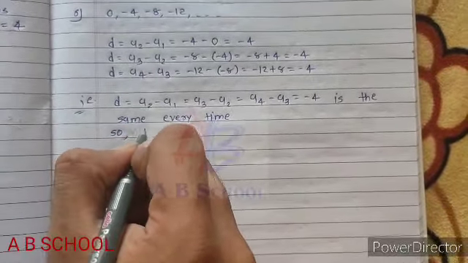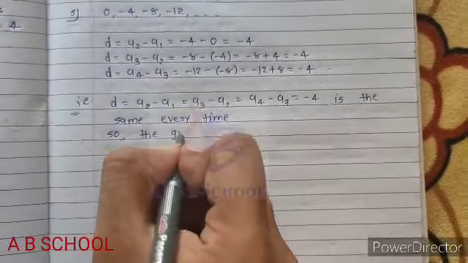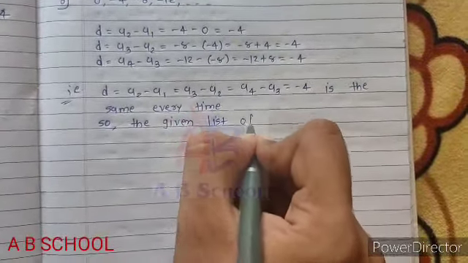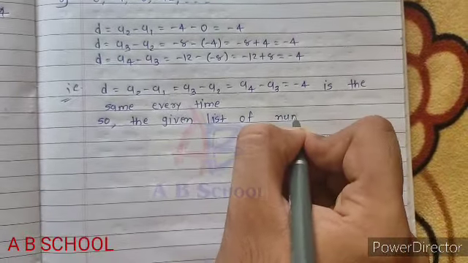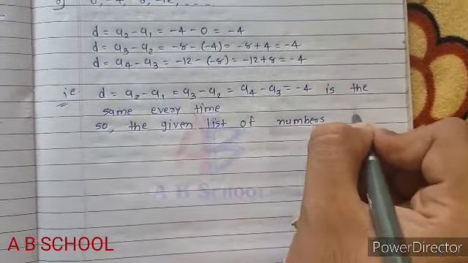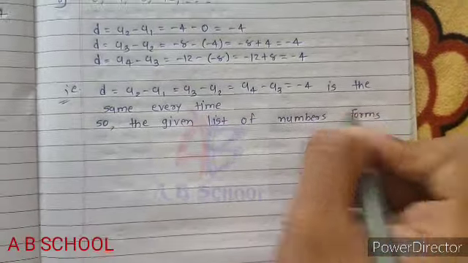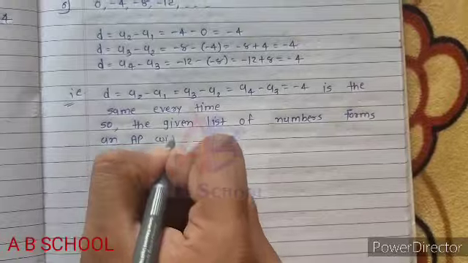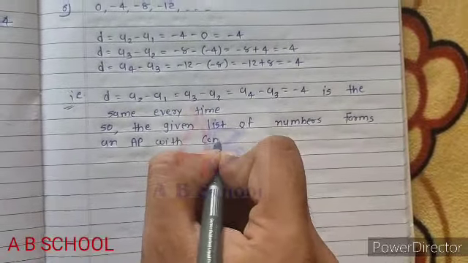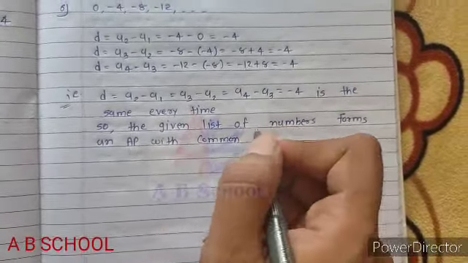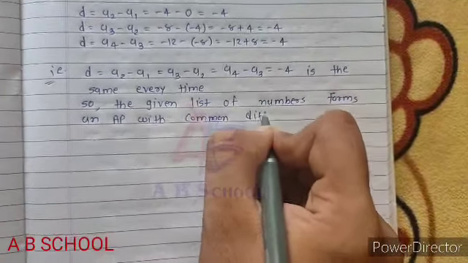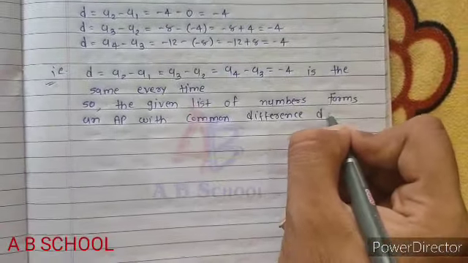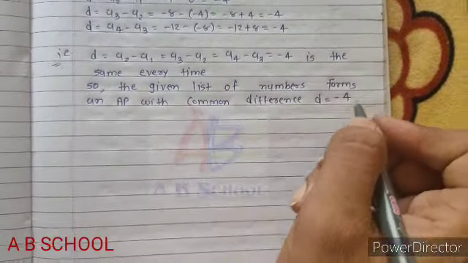So the given list of numbers forms an AP with the common difference D is equal to minus 4.